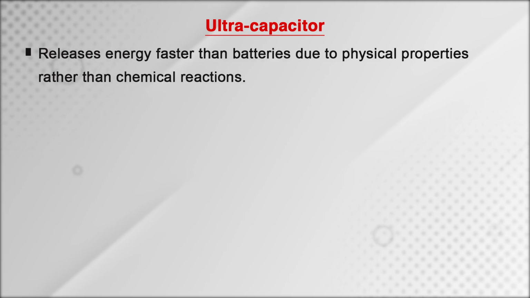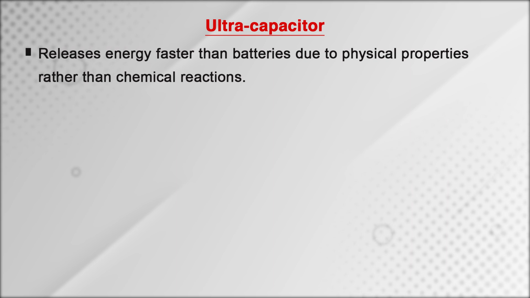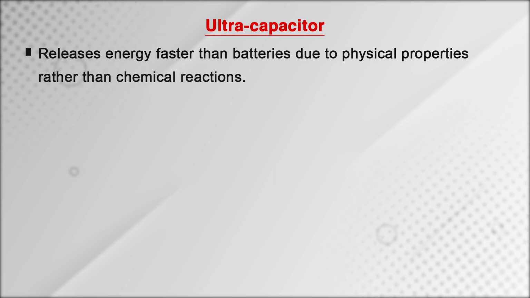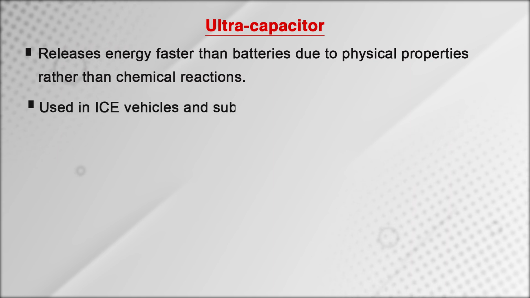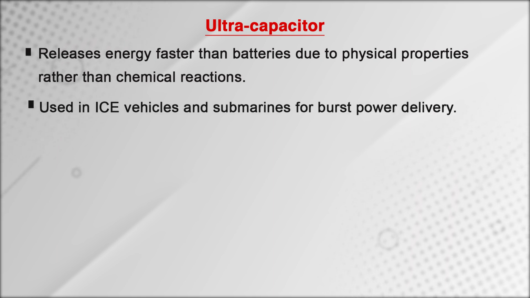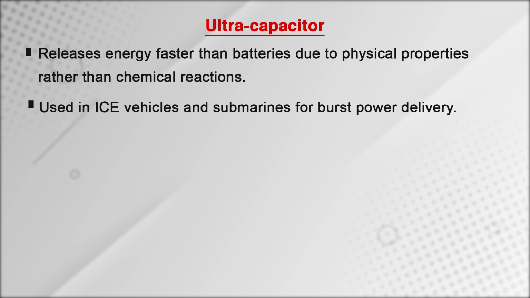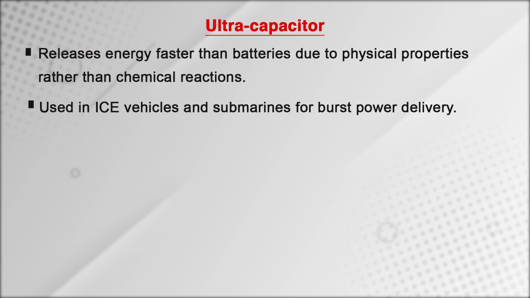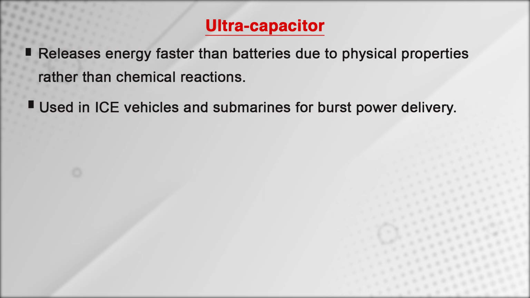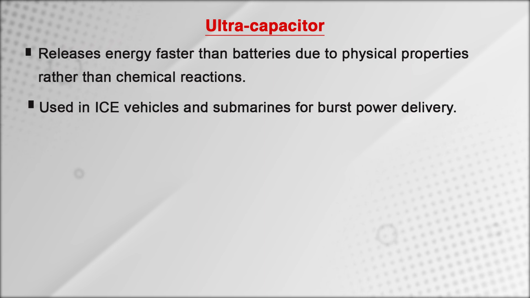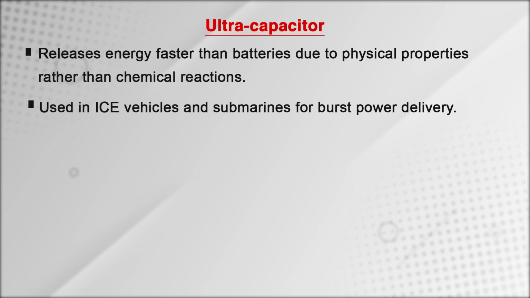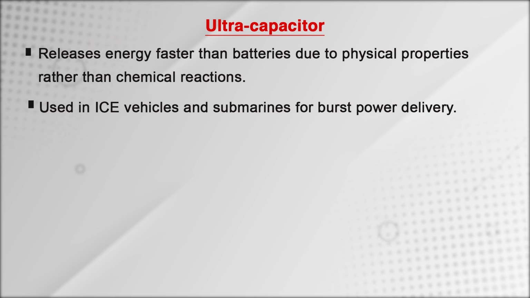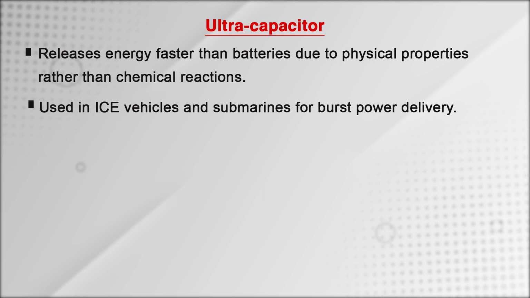Hence, an ultra capacitor can release energy much faster and with more power than a battery that relies on slow chemical reactions. Ultra capacitors have been used in IC engine based vehicles like tanks and submarines for starting, due to their ability to deliver burst power.